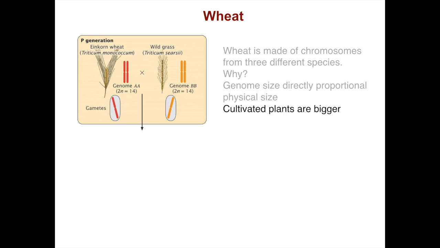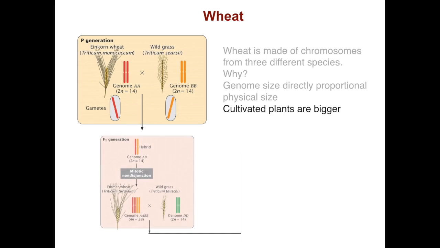And that produced 2 different types of gametes, which formed a hybrid, and because the chromosomes were homologous enough that they could actually pair, a mitotic non-disjunction event led to the production of emmer wheat, which is 4N and has 28 chromosomes. So you have a duplication of the entire chromosome set.